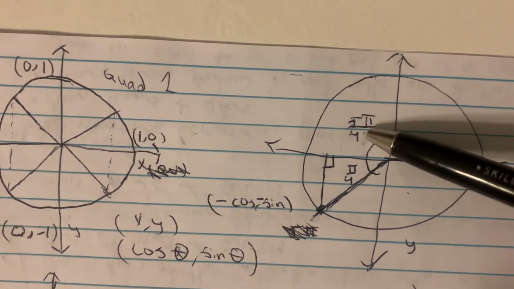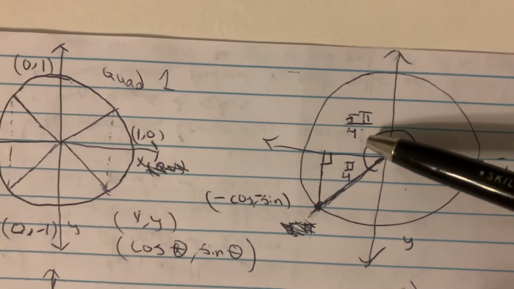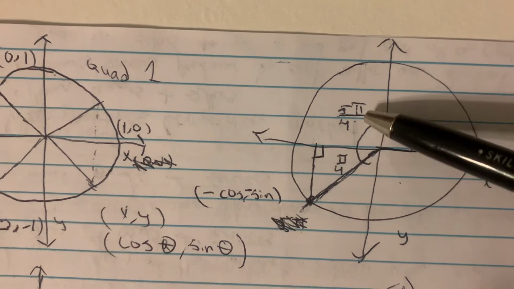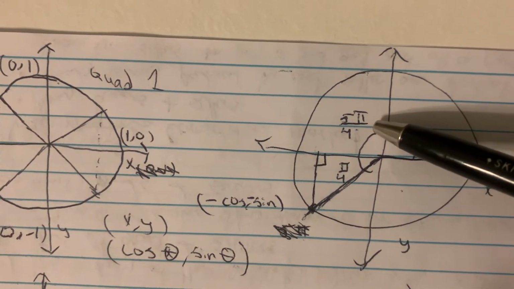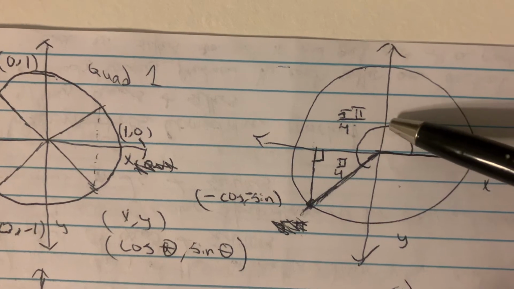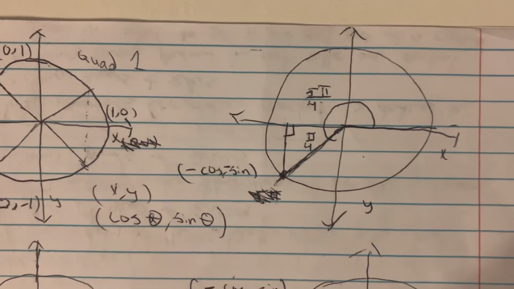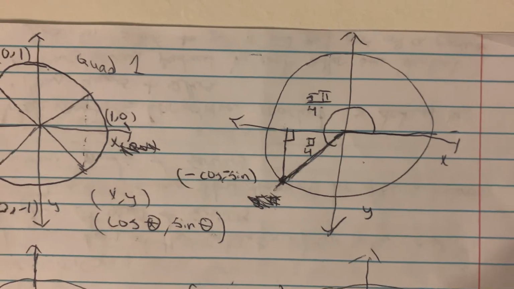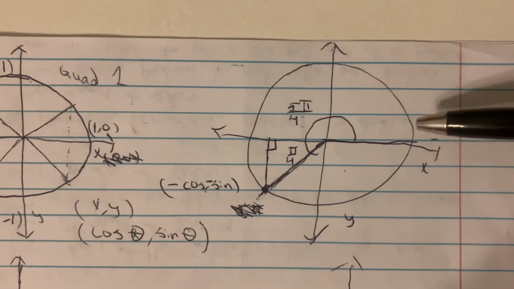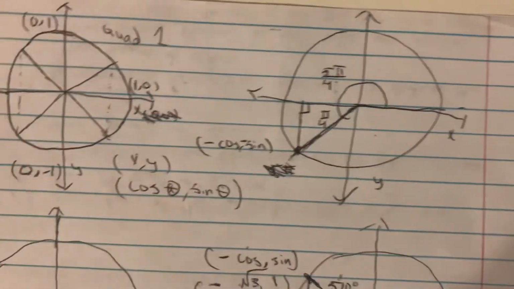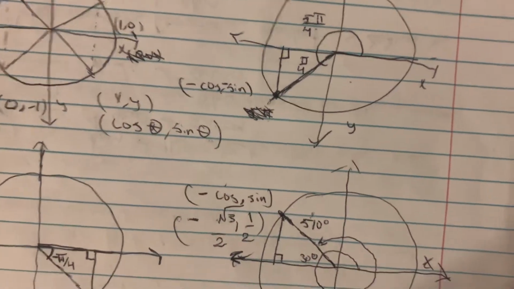All we're doing is subtracting from this angle until we have an angle between 0 and 90 degrees, and it must be positive, because every reference angle must be between 0 and 90 and must be positive.